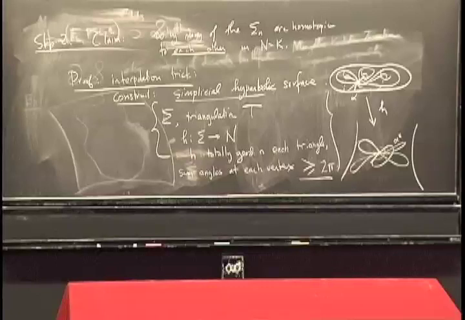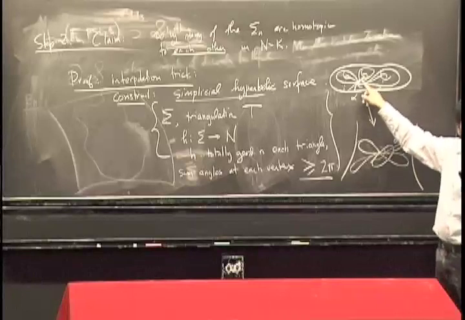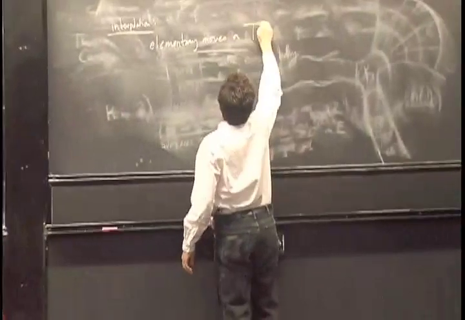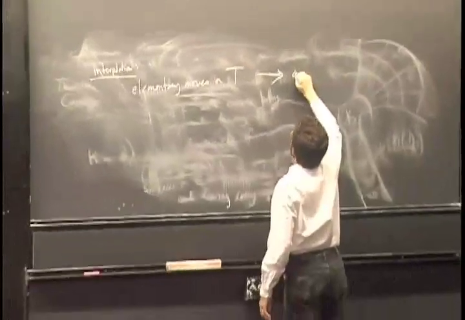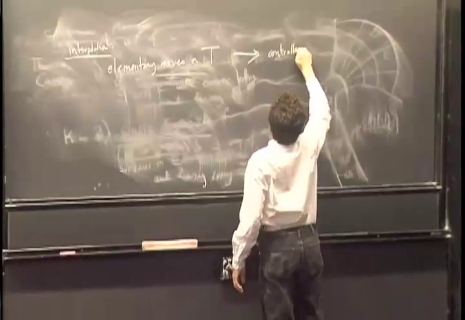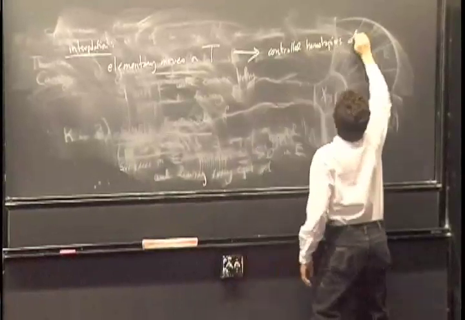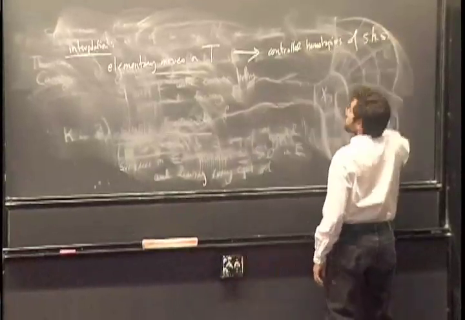And so now the idea is, what's the interpolation trick? Well, given one such thing, you can make another one by changing the triangulation. So elementary moves on the triangulation produce controlled homotopies of simplicial hyperbolic surfaces.